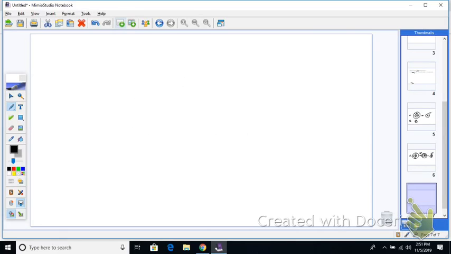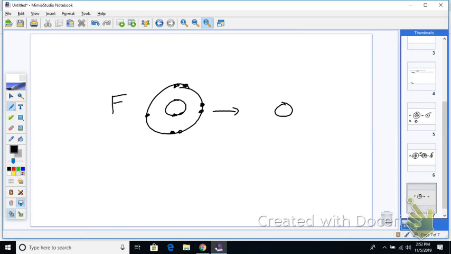Okay, so now let's look at an easy element. Let's look at fluorine. So fluorine has 2 and 7. Then it gains an electron. And what happens to the size of fluorine?